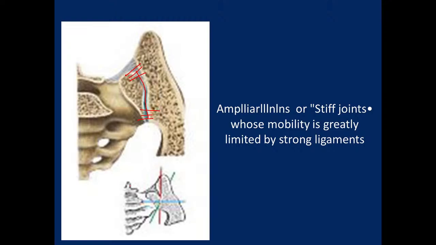So all elements of joints are present here, but there is no movement in that type of joint. So amphiarthrosis is a joint that has no movement because of the subsidiary elements.